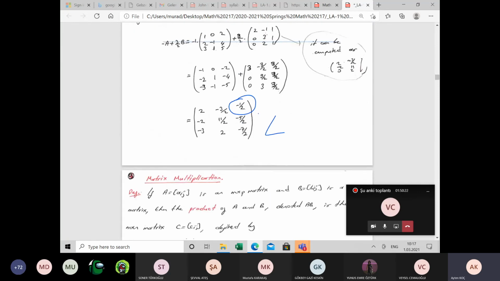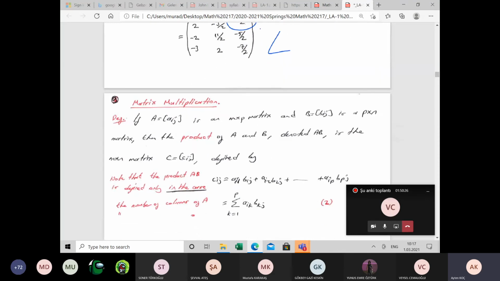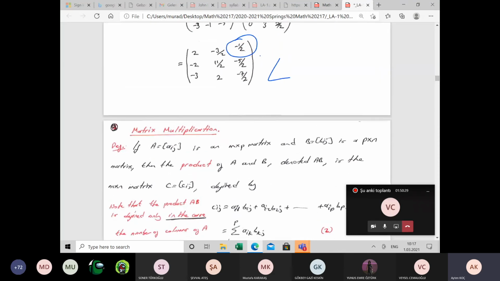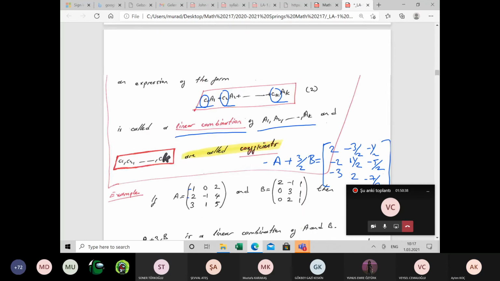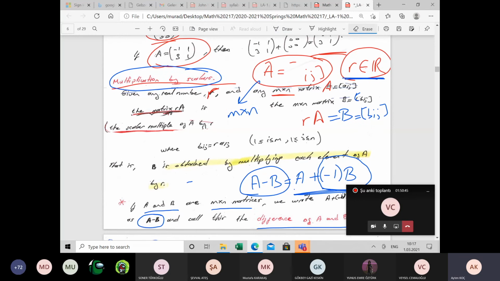This one is okay. And the next one, another operation, is matrix multiplication. If we take two matrices, for example A and B... let's come back. This one is the scalar multiplication.